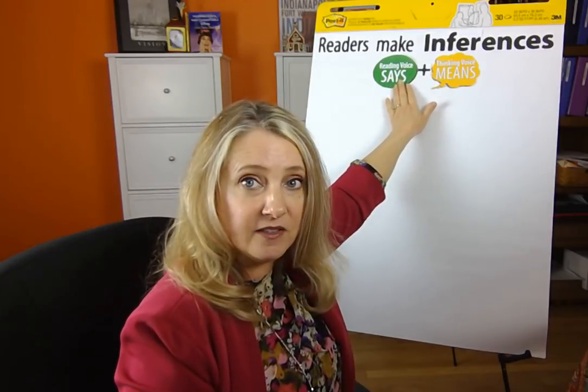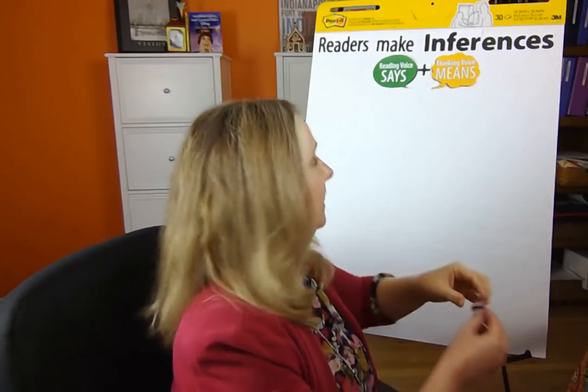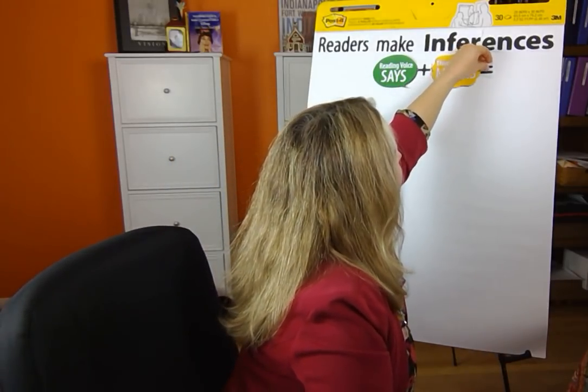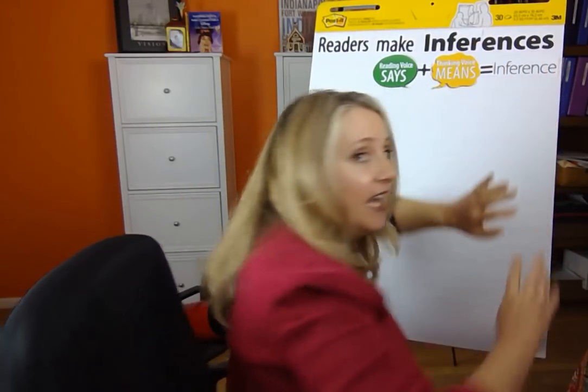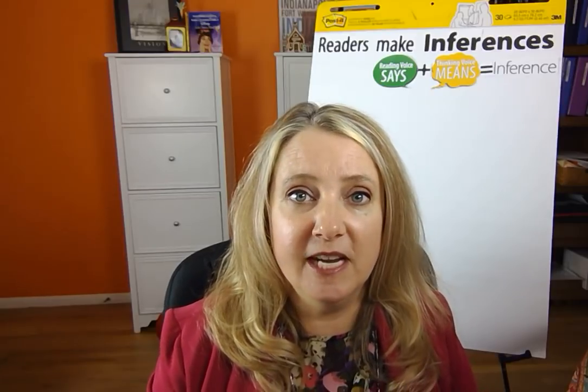So reading voice plus thinking voice, we put those together, then we have a bigger thought, something that wasn't directly stated in the text, and that is called an inference. You see, you're reading all the details that the author gave you or looking at them in the picture, but your inference goes a little bit further into what is happening, why it's happening, things like that, okay?